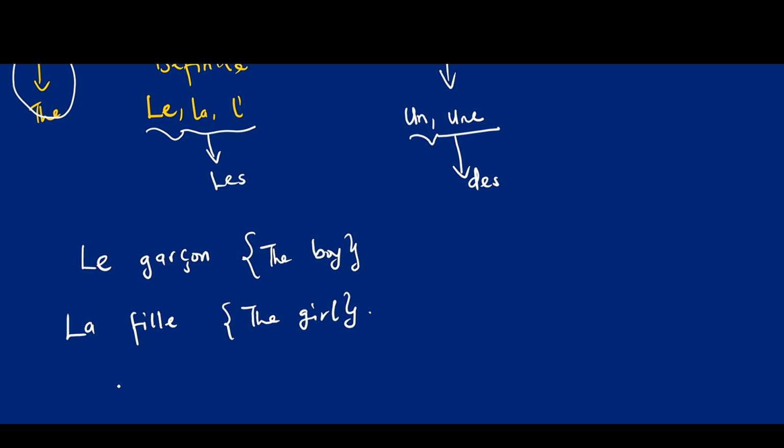Okay, so we have la fille, which is the girl. We have a lot of words that are feminine. Look at this: la maison, la maison. La maison is the house. Now look at it. Can you see this one is s?